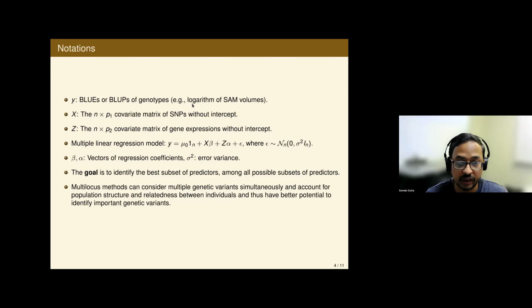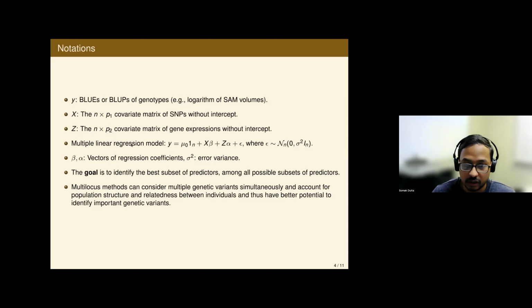So we have one observation for each genotype, and the vector of those observations, we call Y. X is the covariate matrix of SNPs. We have close to 1.3 million SNP markers associated with each genotype. So N here is 360, and P1 here is close to 1.3 million. We also have a matrix Z, which contains the gene expressions. Here P2 is around 39,000.